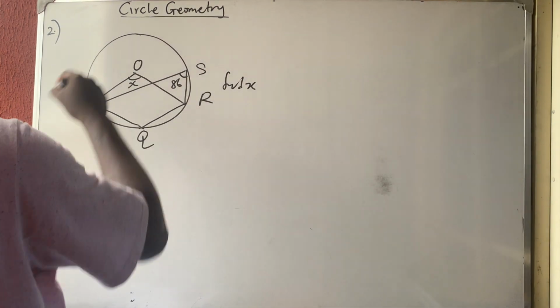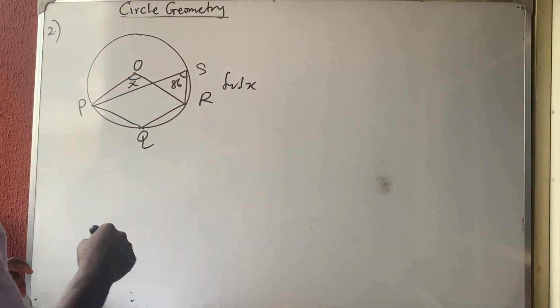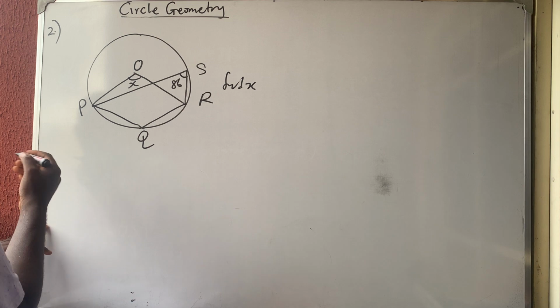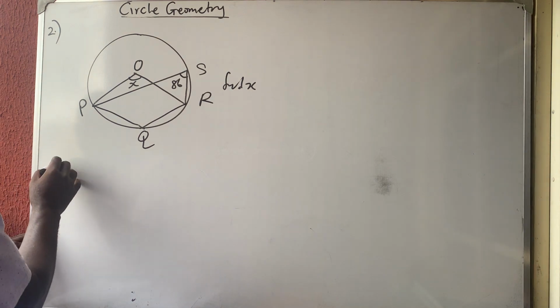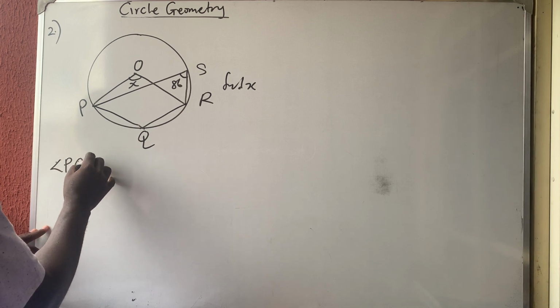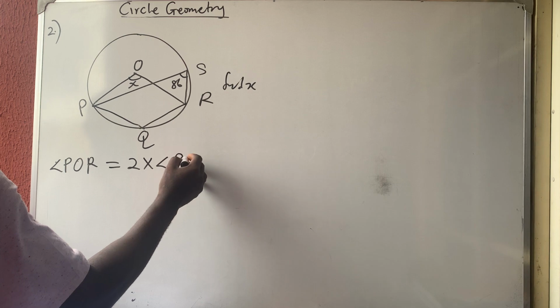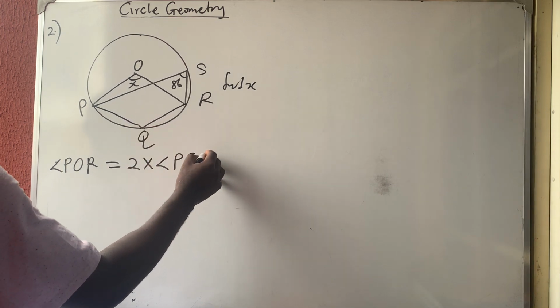Now this is center O. Now don't forget that if they are facing the same side, you remember that angle at the center is twice angle at the circumference. So we can say that angle POR is equal to 2 times angle PSR.